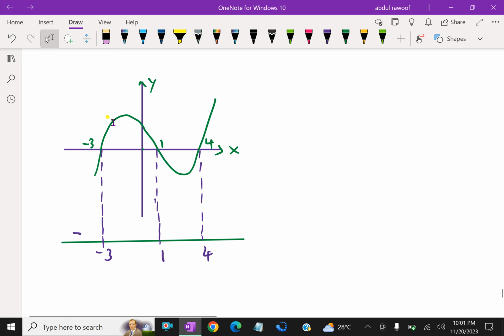From 3 to here it is increasing, positive, and from the point 4 it is increasing here.